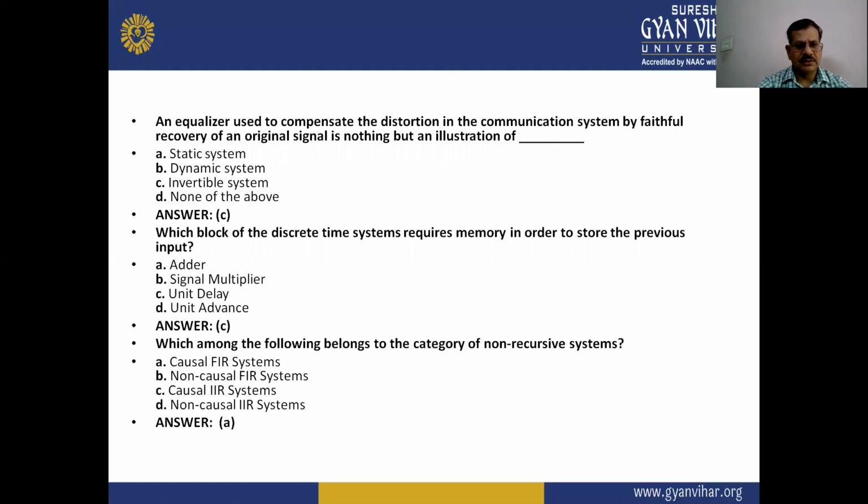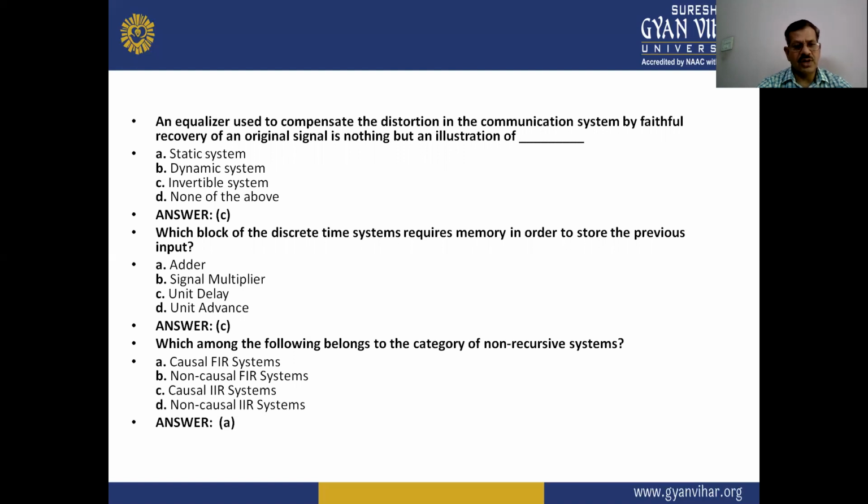Next question: which among the following belongs to the category of non-recursive systems? Option A, causal FIR system. Option B, non-causal FIR system. Option C, causal IIR system.